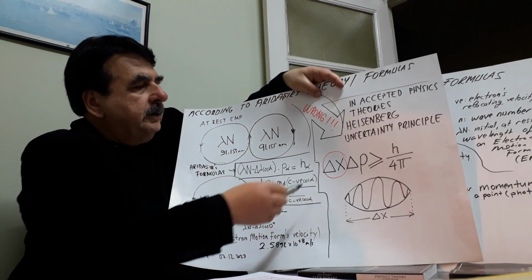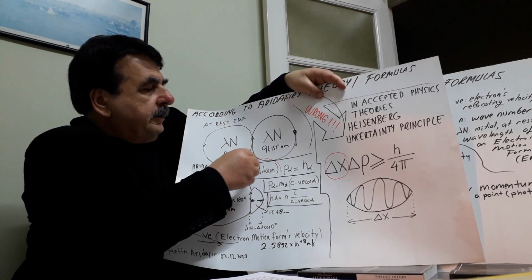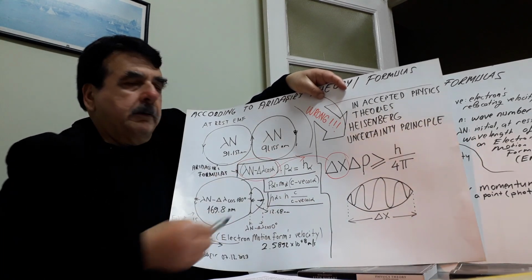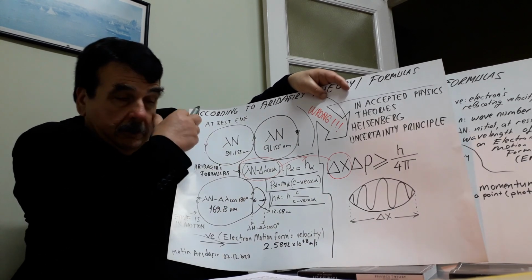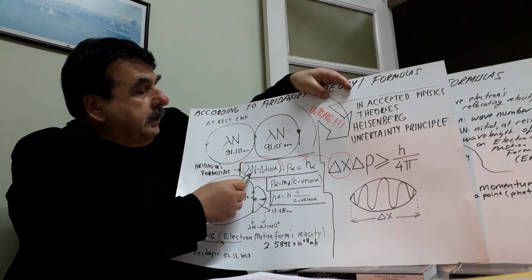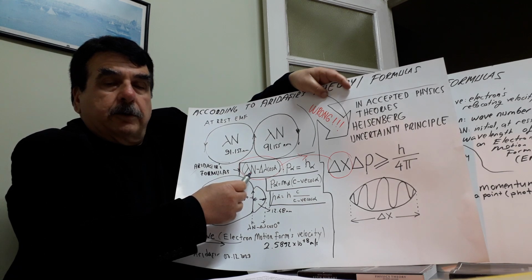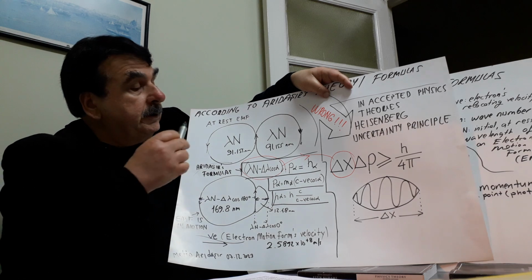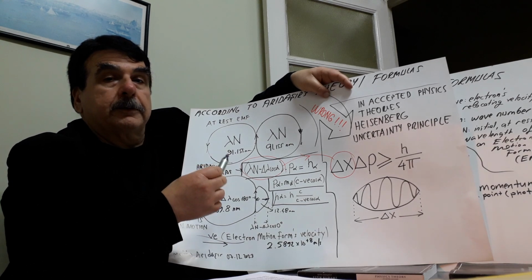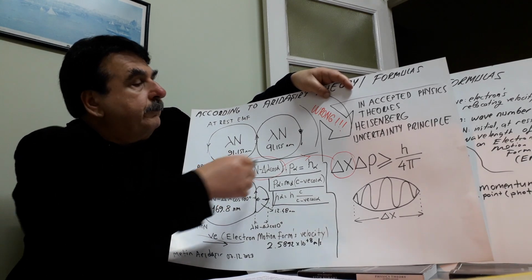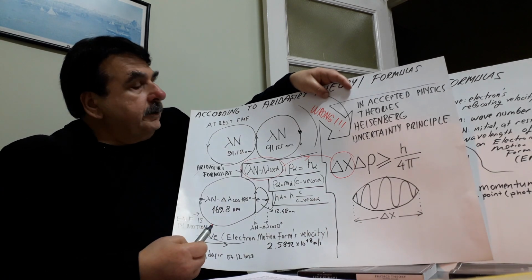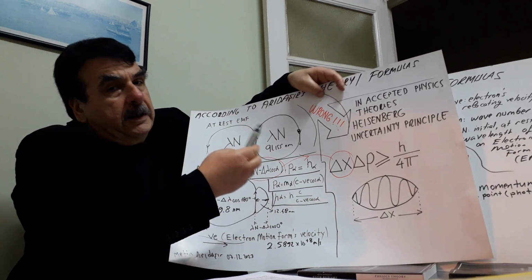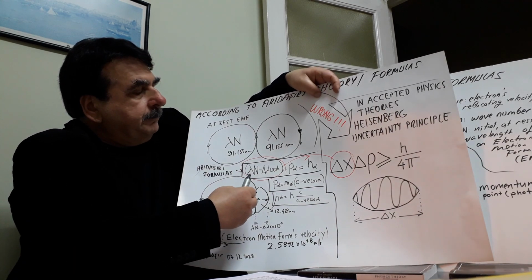This is nothing but the point wavelength of the electron motion form and the point wavelength of a photon of an electron motion form on a certain point.